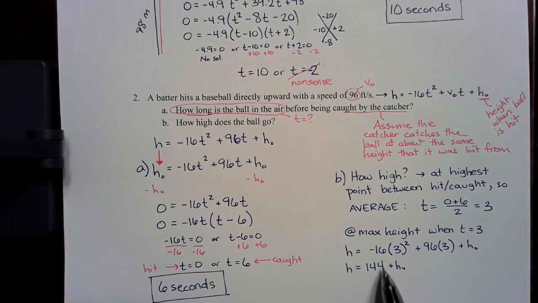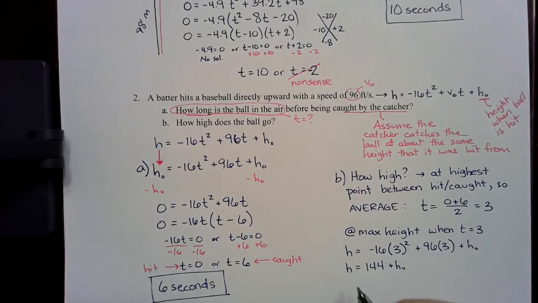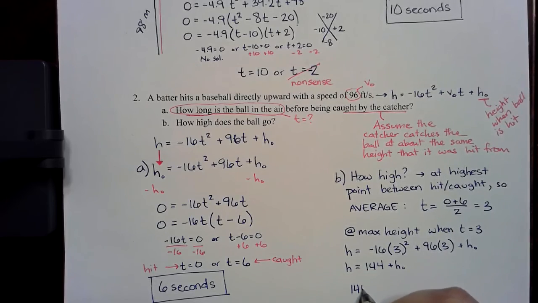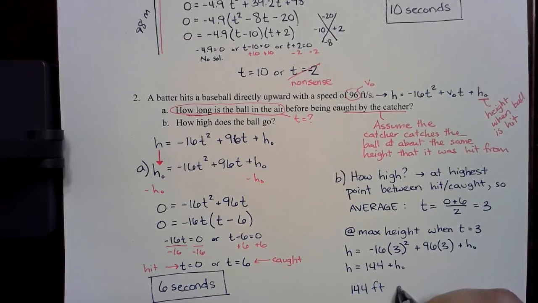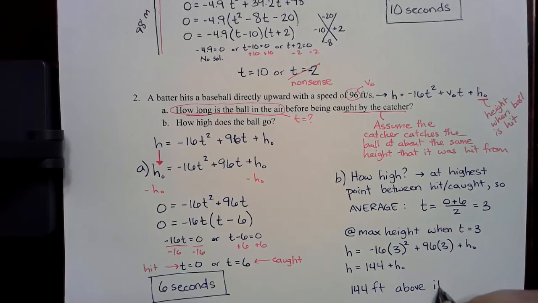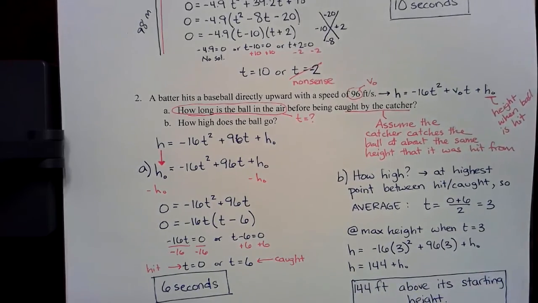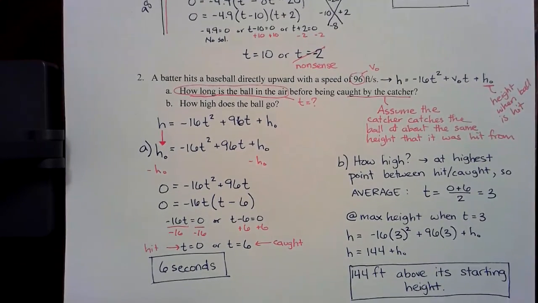Well, 144 is a height measured in feet. So how high does the ball go? It goes 144 feet higher than wherever it started. So we're looking for 144 feet above whatever that starting height was.